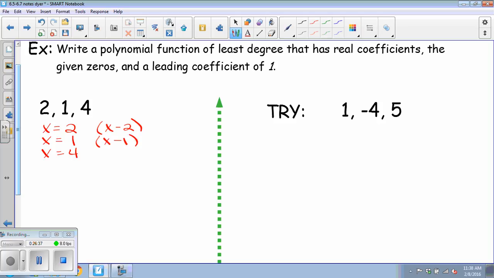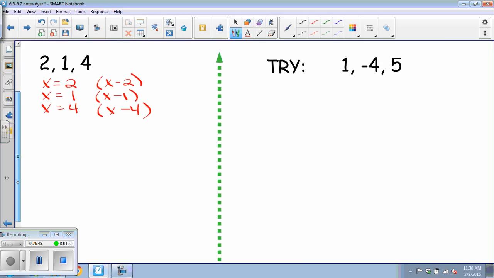And what is the factor that goes with x equals 4? X minus 4. So if we have to write the polynomial, and those are your 3 solutions, we have the 3 factors. So we have to take these 3 factors and multiply them all together. So we have x minus 2 times x minus 1 times x minus 4.